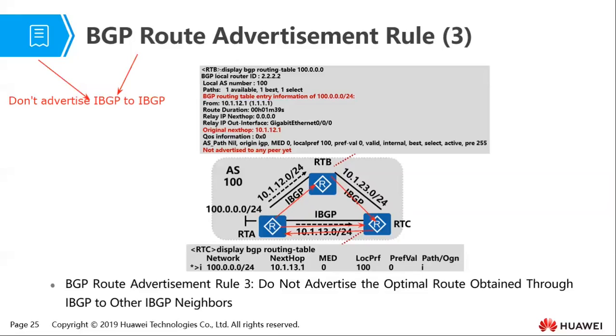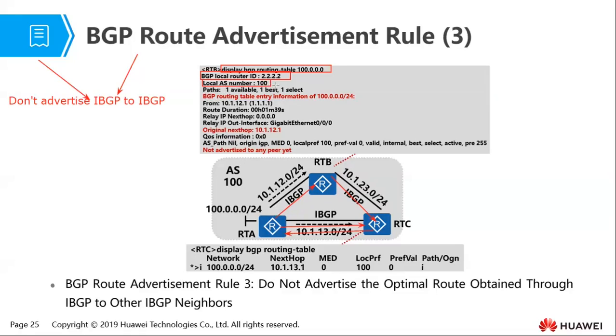Now, we can do display BGP routing table, and then we specify the particular network whose details we want to see. So you can see that the local router ID is 2.2.2.2 because we are in RTB. The autonomous system number is 100.